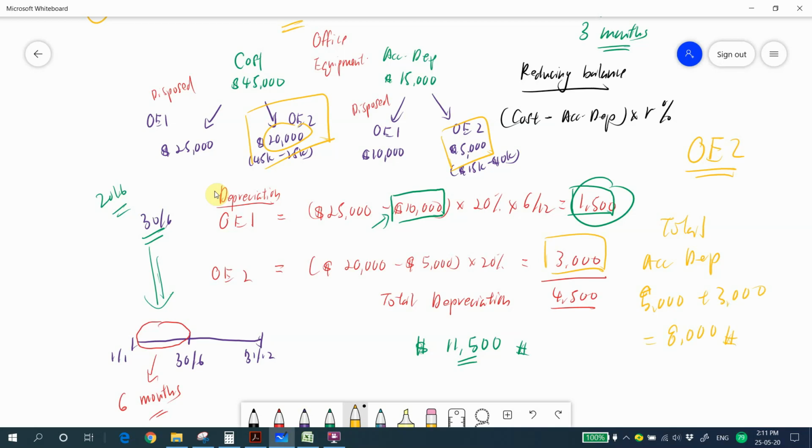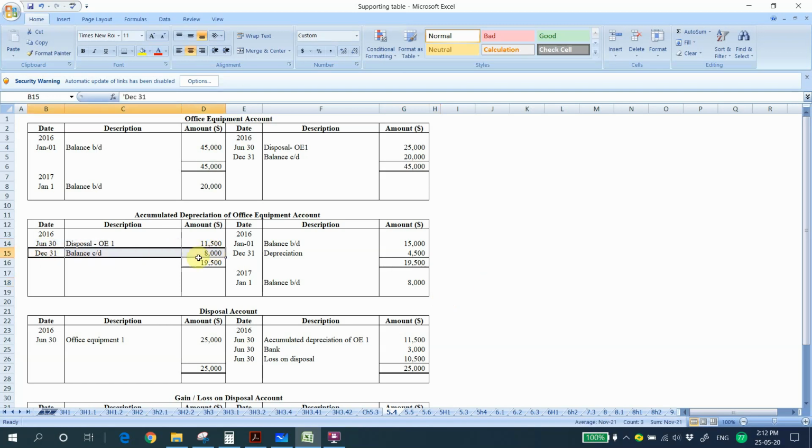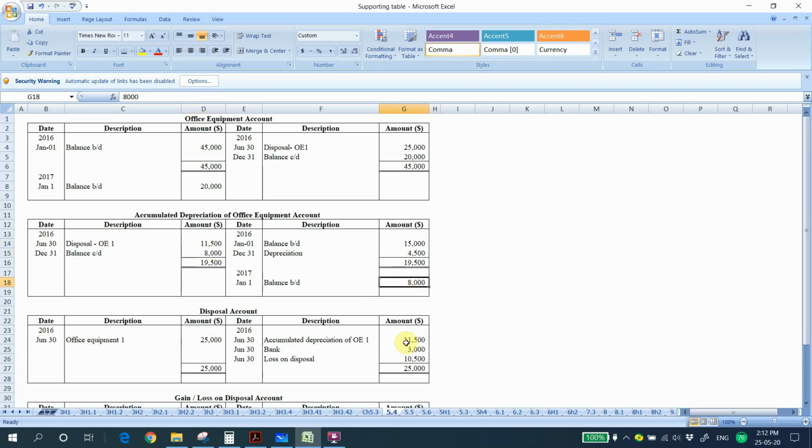So let's see, at the end of the financial year, do we have 8,000 in our accumulated depreciation account? Yes. At the end of the year, our accumulated depreciation is 8,000, and this 8,000 will bring to next financial year. Alright, at the end of the year, we have accumulated depreciation of 8,000, and this all belongs to office equipment 2 because we still have one office equipment only, which is office equipment 2. And this amount will bring to next financial year.